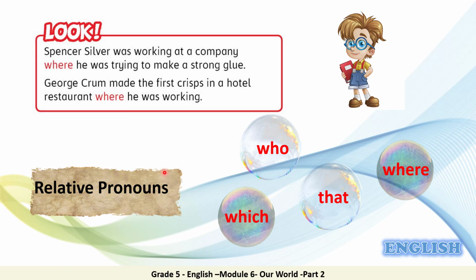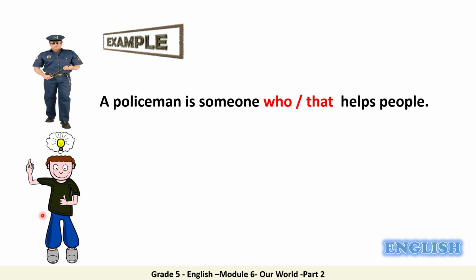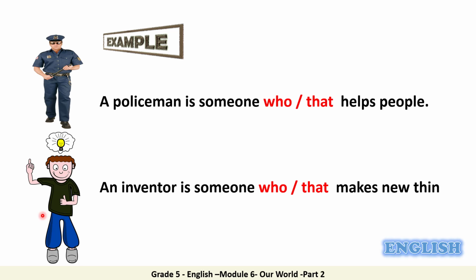Well, let's read some more examples. A policeman is someone who or that helps people. An inventor is someone who or that makes new things. The relative pronouns in these two examples are who or that.